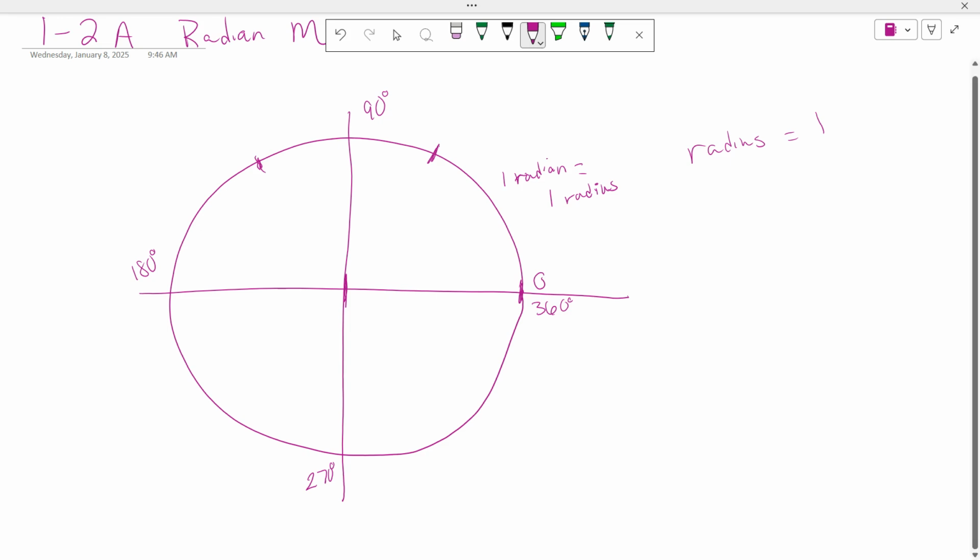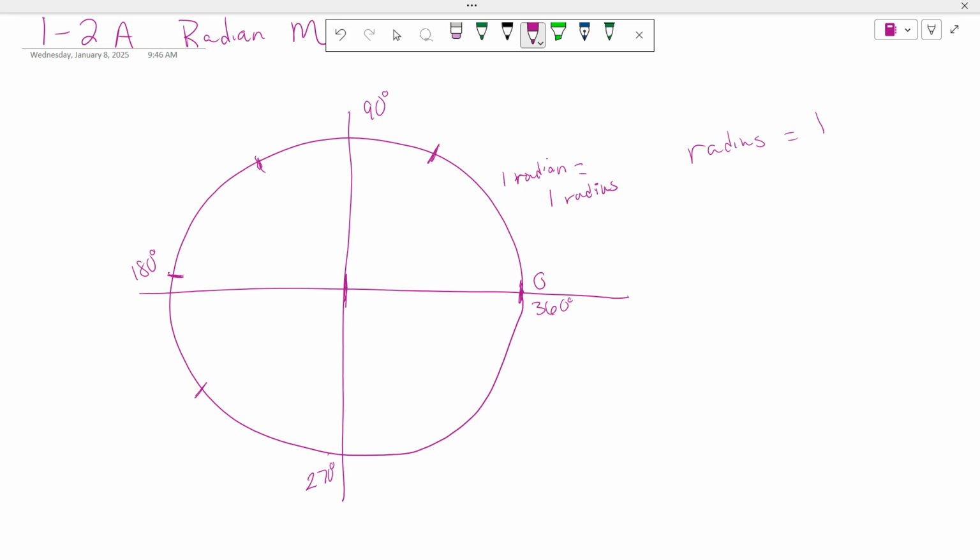I go here. About right there should be 3 radians. Okay. So if I keep going, there's 4 radians.